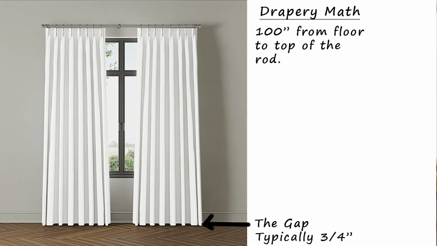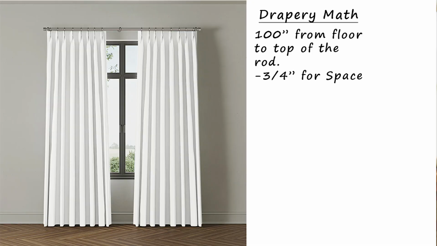And no, I'm not referencing a clothing store popular in the 90s. Typically with drapery, we will want a 3/4 inch gap from the floor to where the drapery starts. This keeps the drapes clean and tailored, a word that you will hear an awful lot in the interior design world. So we will subtract 3/4 inch from our overall height.